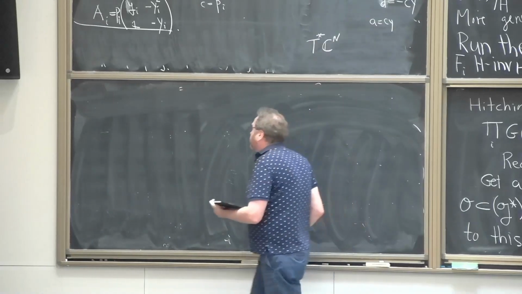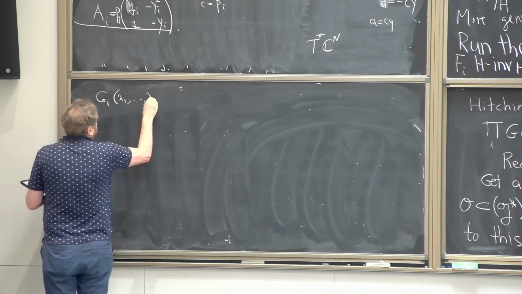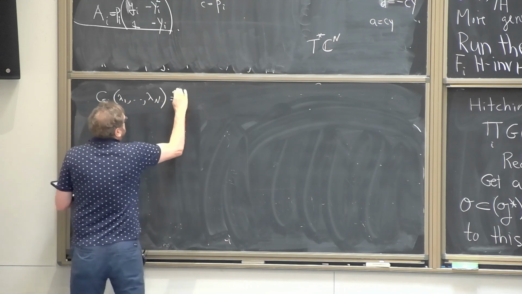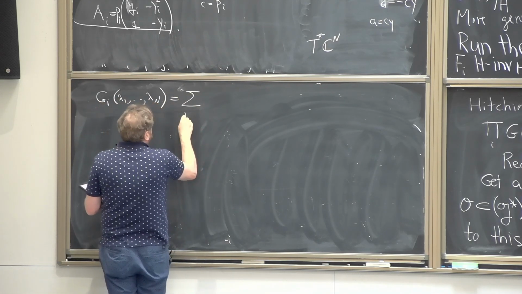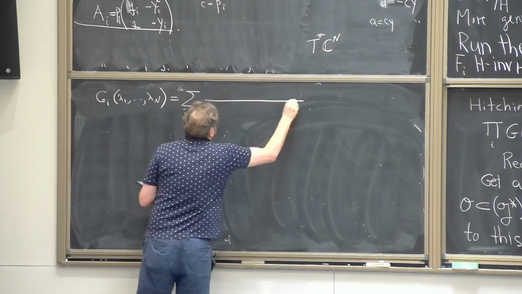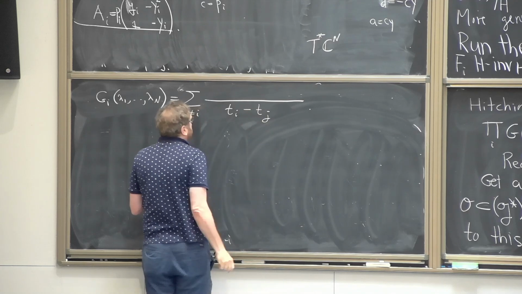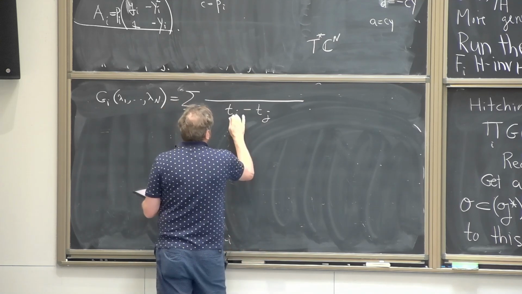So we get the deformations, g_i of lambda_1, ..., lambda_n, is going to be the sum over j different from i. So here is going to be t_i minus t_j, maybe t_j minus t_i.